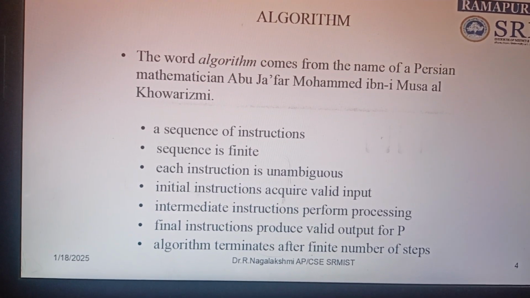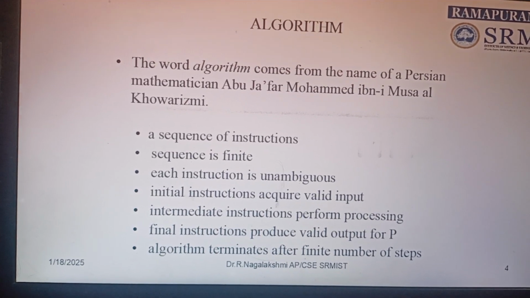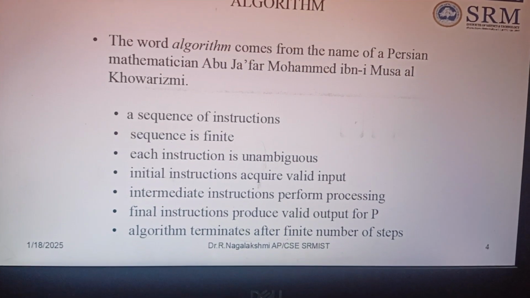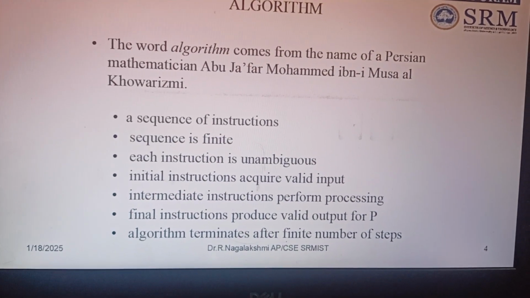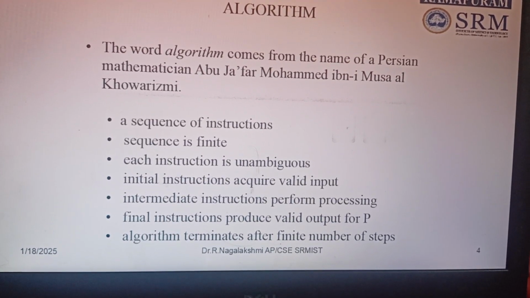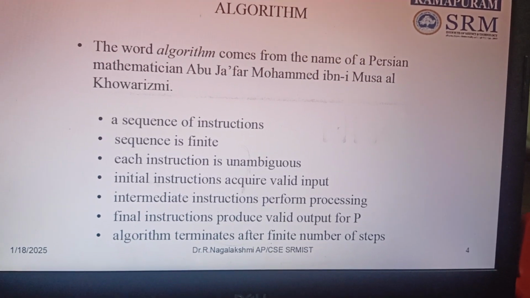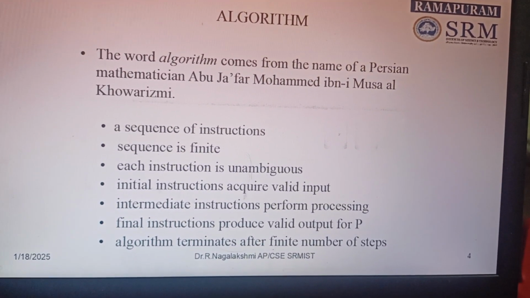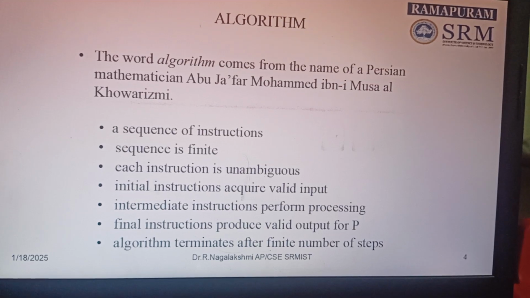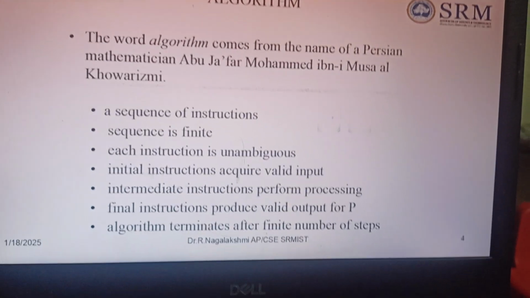Each instruction should be clear, with no confusing statements, and it should be correct for the problem. And every instruction has to be validated by giving input. So the set of instructions is processed, and finally it produces the output. After that, it should be terminated.